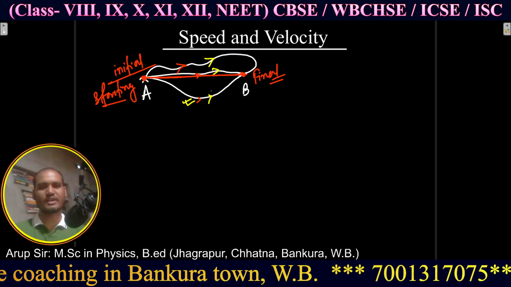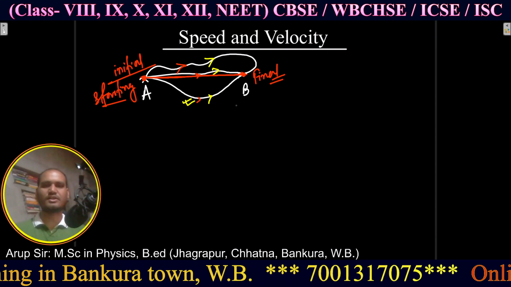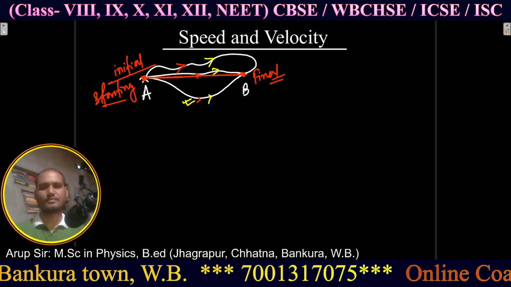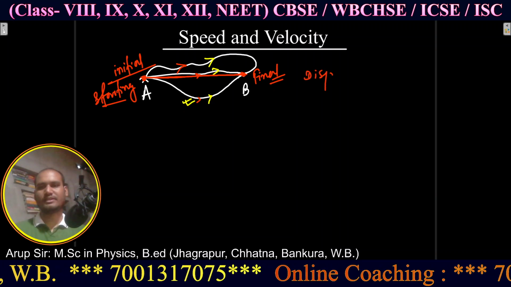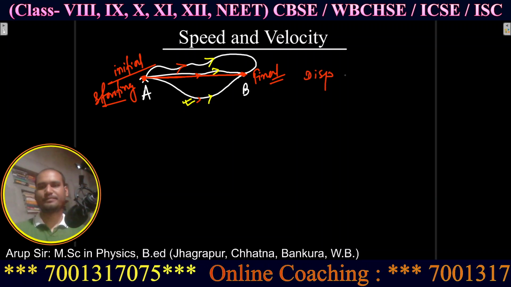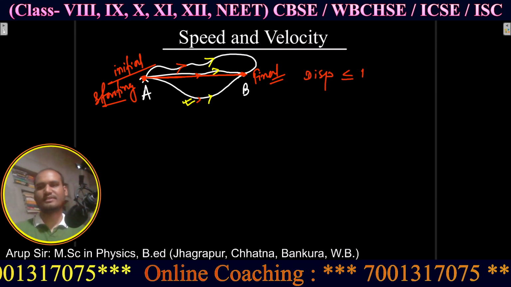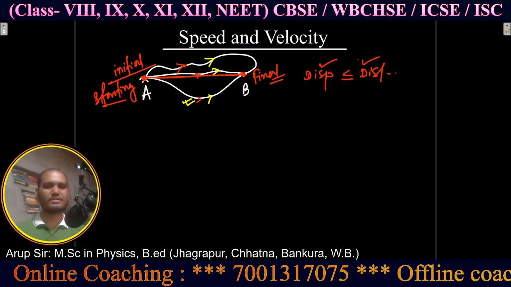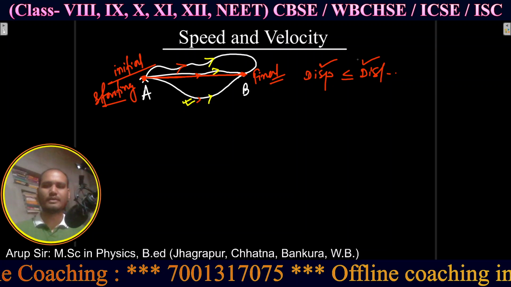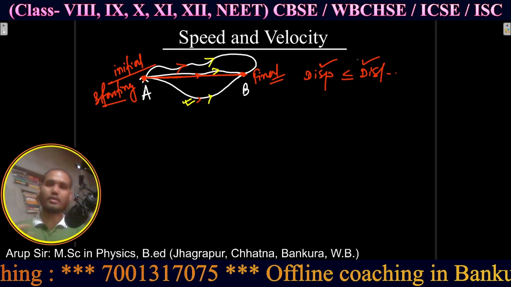That is the straight line path. So that straight line path is known as what? Displacement. Okay, so you need to remember that displacement is always less than or equal to distance. Means displacement may be equal to distance, or less.